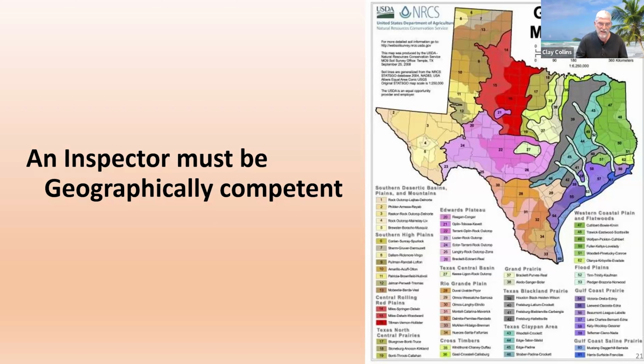So that means that as inspectors, we need to know the soil types that we're dealing with, roughly, not specifically, and just be able to anticipate the impact that can be having on the homes that we're inspecting.